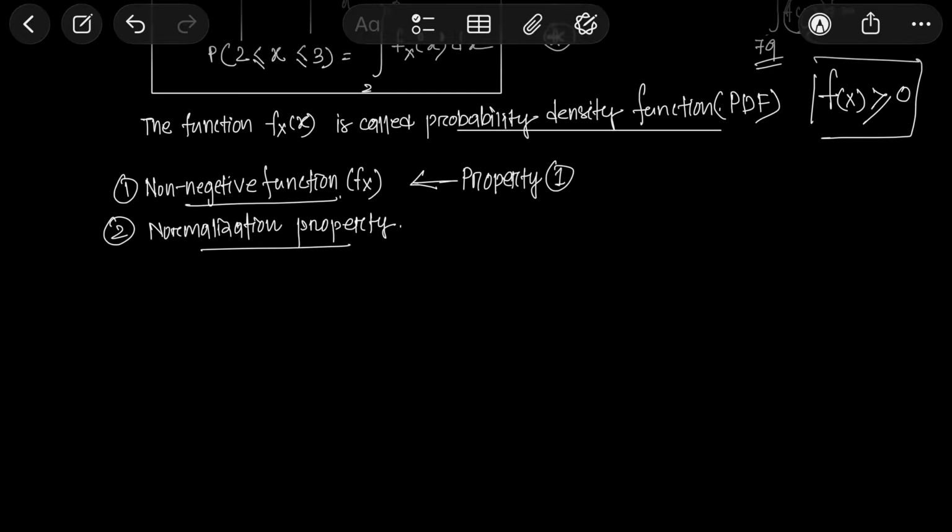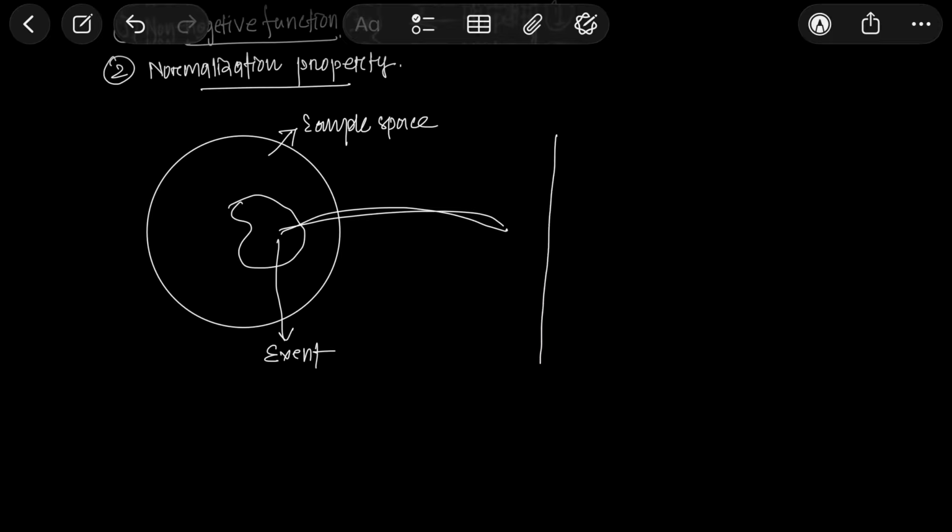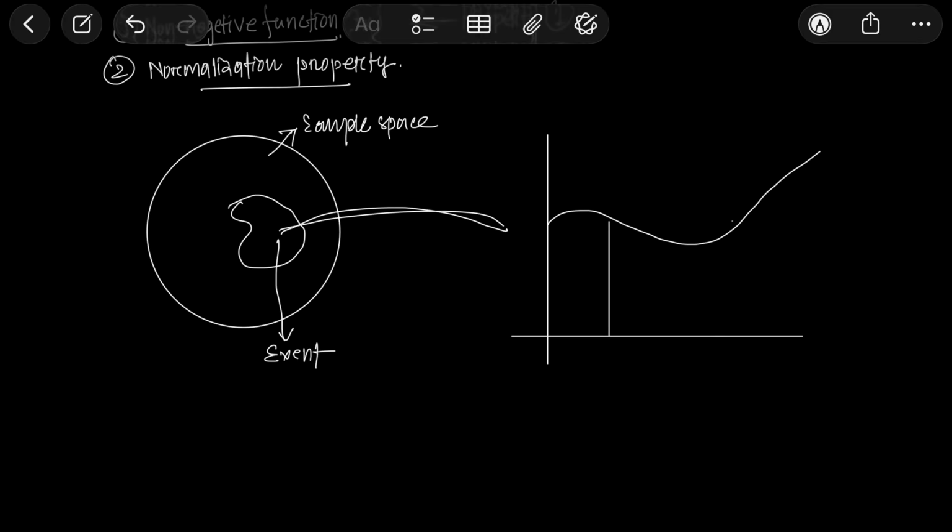Okay, so if you think of a circle, and the circle is the sample space, and this one is the event, and you draw this event in the form of a graphical representation like this, and you draw this line.